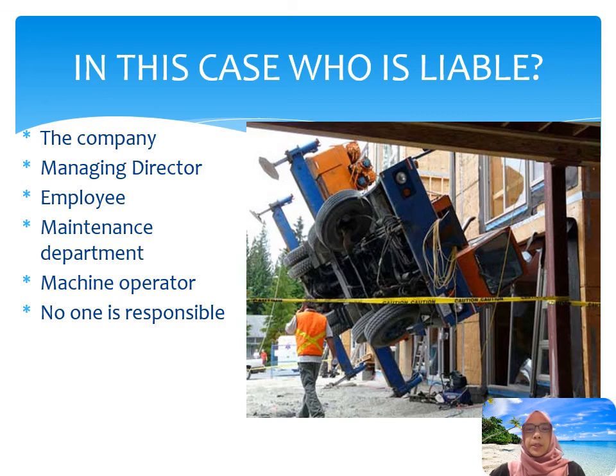The picture here shows an accident that happened at a site. In this case, who is liable? Here is the list of persons who may be liable: the company, managing director, employee, maintenance department, machine operator, or maybe no one is responsible.